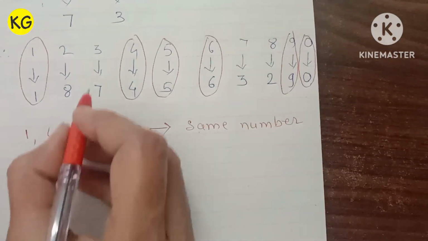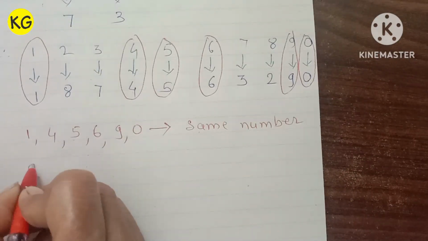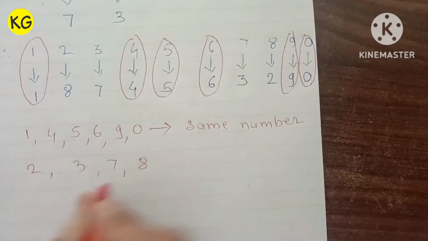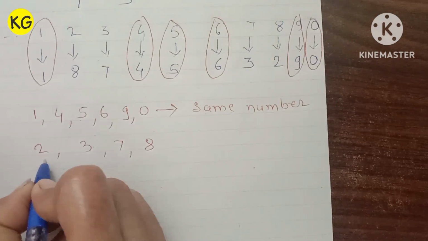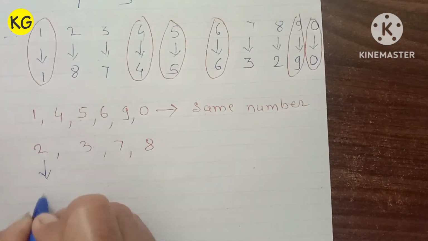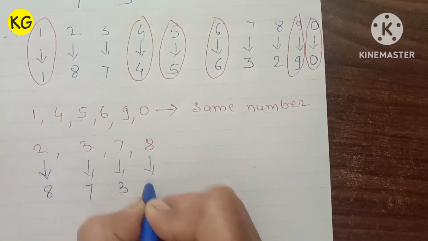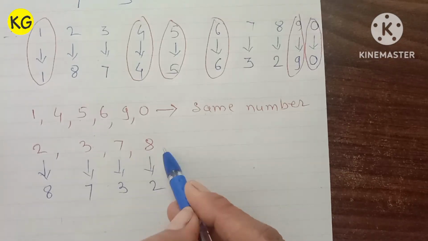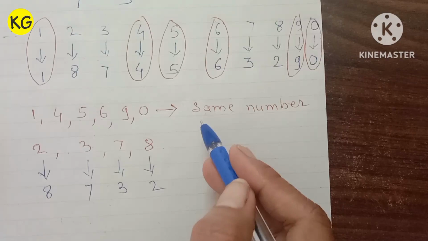But if a perfect cube number contains 2, 3, 7, 8 at its ones or unit place, then the cube root contains 8, 7, 3, 2 respectively. Means, in this case, only these numbers are altered.